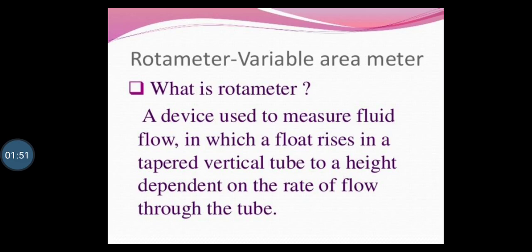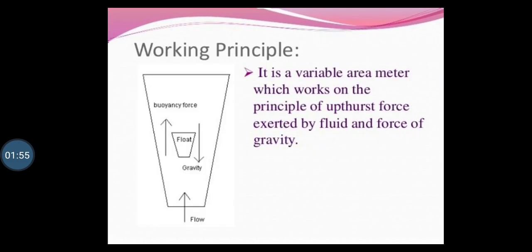Now let's see the working principle of rotameter. It is a variable area meter which works on the principle of upthrust force exerted on fluid and force of gravity. So what is upthrust force? It is a force that only exists in liquids.